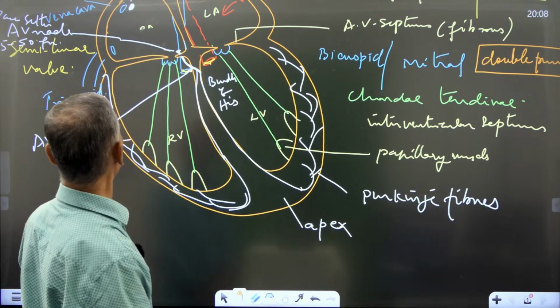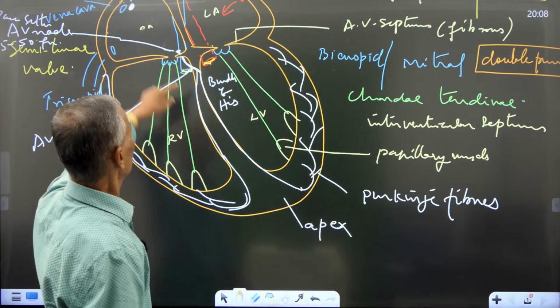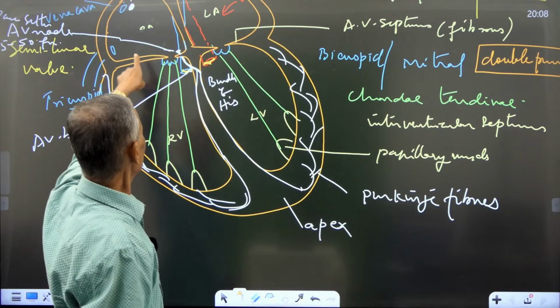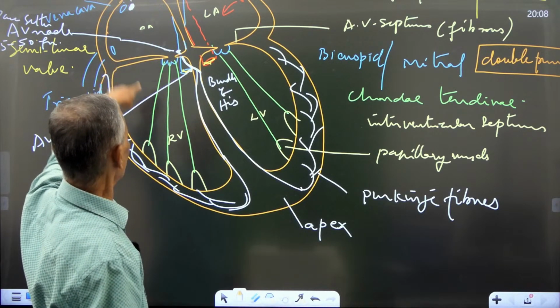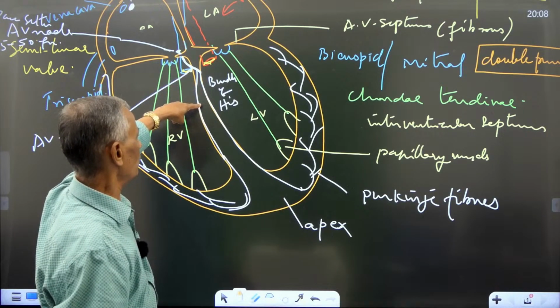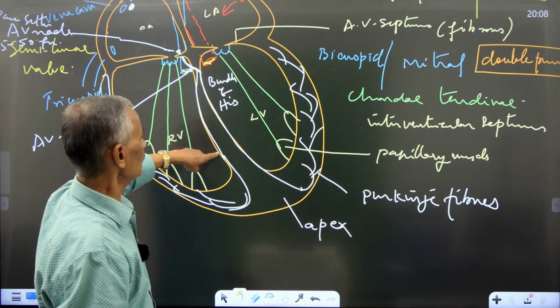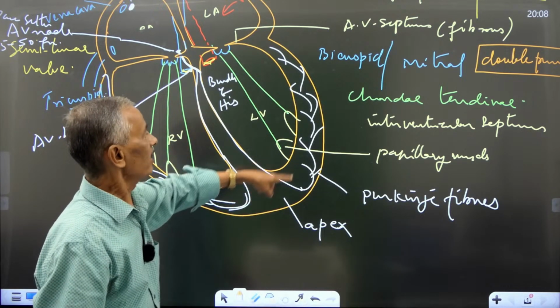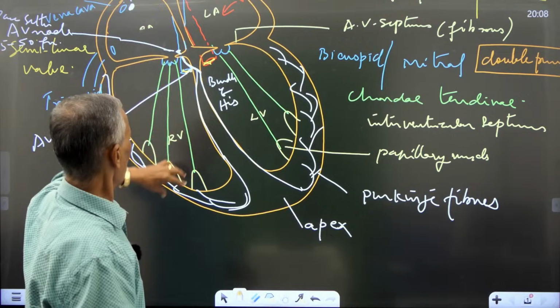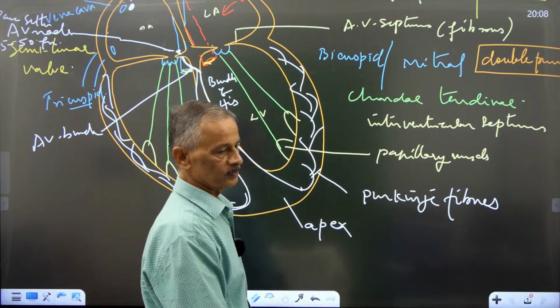Arising from the AV node, there is an AV bundle that pierces the right atrioventricular septum, emerges to the interventricular septum, branches into a right and left bundle of His, reaches the apex, and then branches throughout the walls of the ventricle as Purkinje fibers.